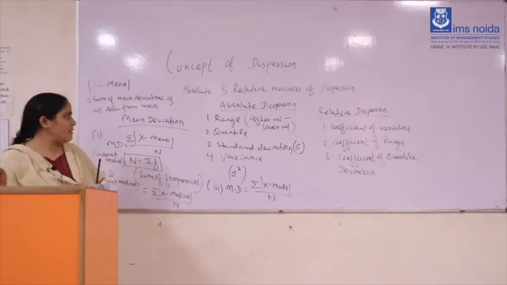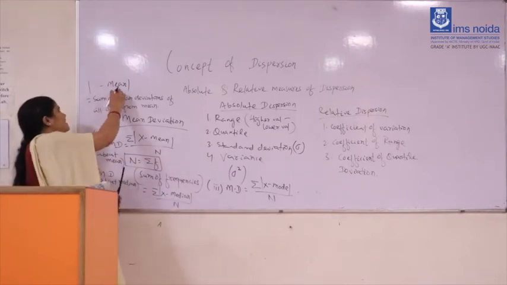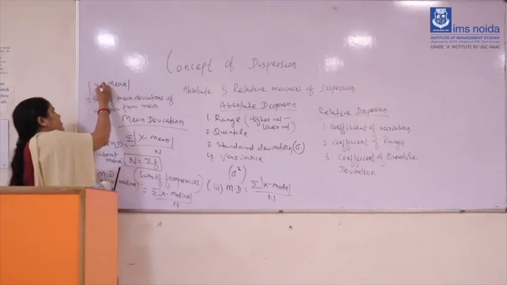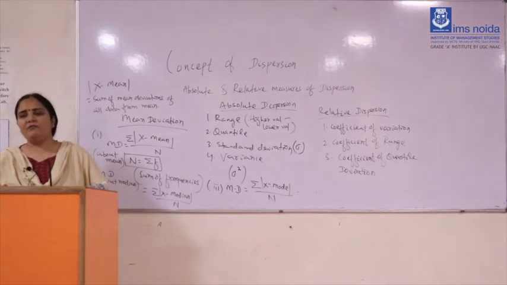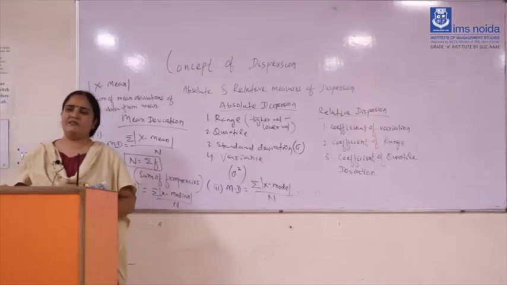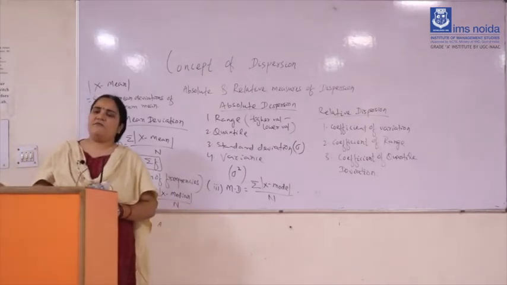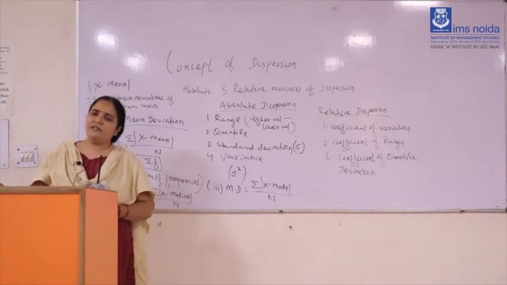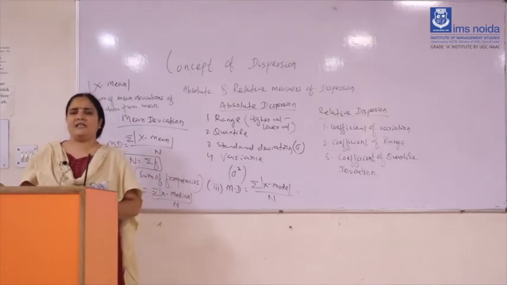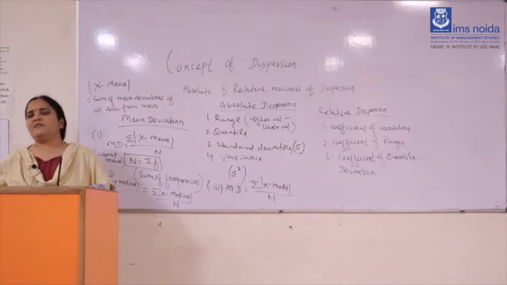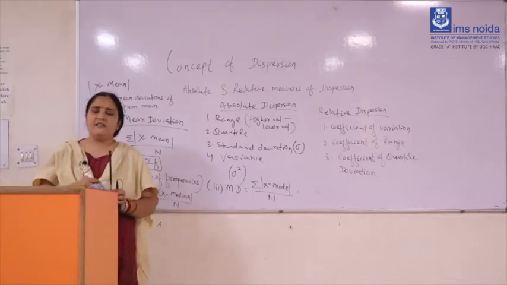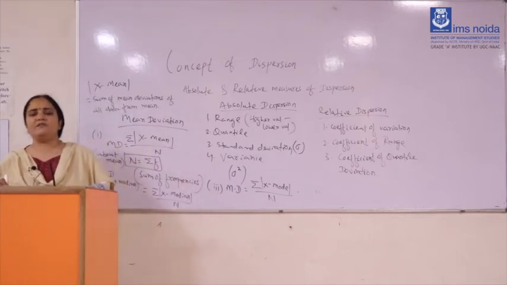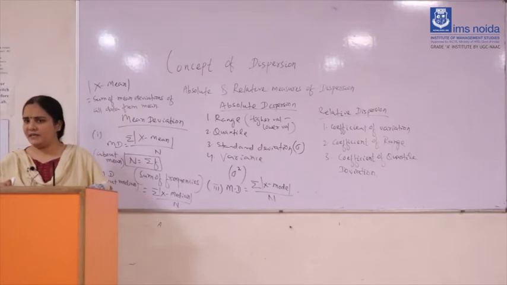In that way, if I write summation x minus median, that means you first have to find the median of the values given in the observation. I have already told you how to find the median. If the data is odd, then the n plus 1 by 2th data will be the median value. If the data is even, then take the n by 2th and n by 2 plus 1th data and divide by 2, taking the average of those values, and you will get the median value.